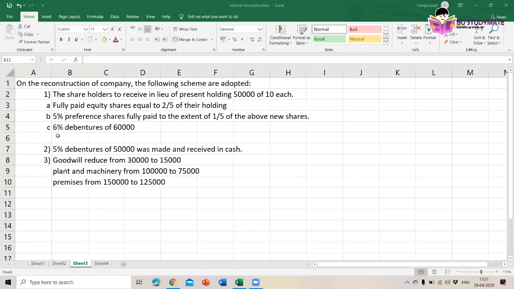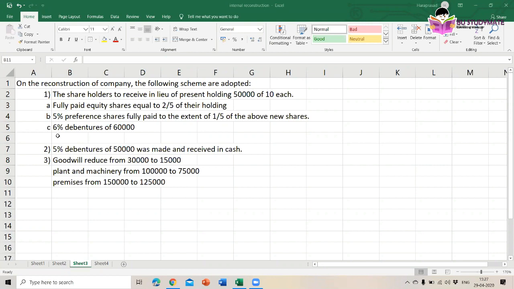So here in the question, they have told what all things you have to do. Total shareholding pattern is this 50,000 into 10. It will come to 5 lakh rupees. To that 5 lakh rupees, how much they have in the fully paid equity shares? 2/5 of their holding, means 5 lakh into 2 by 5.